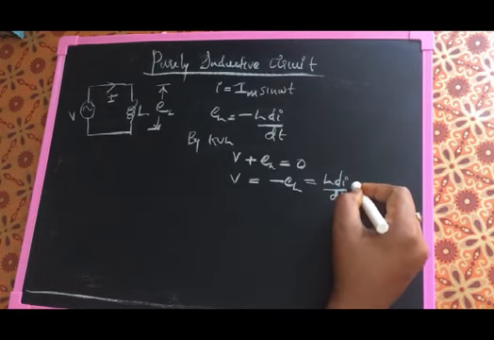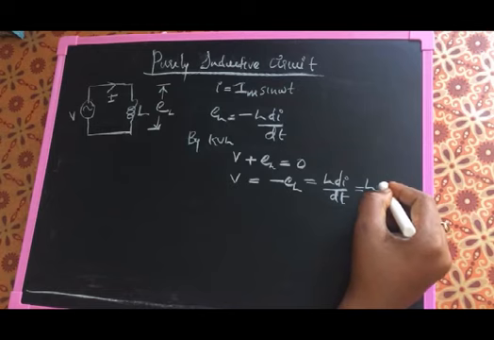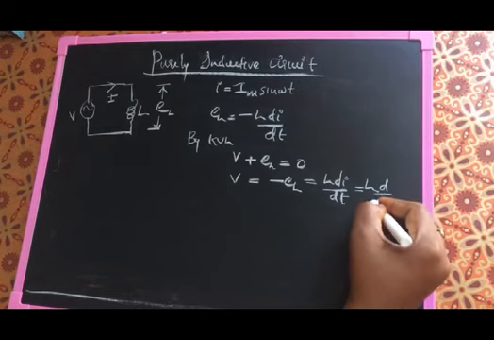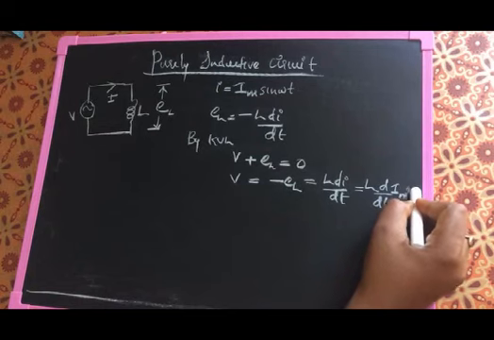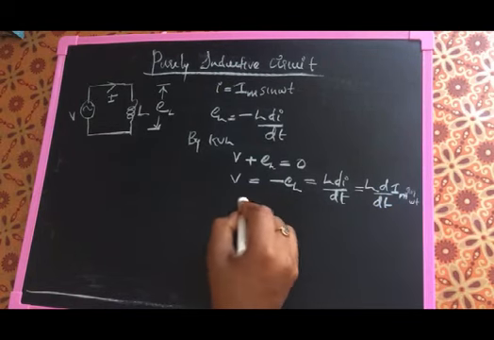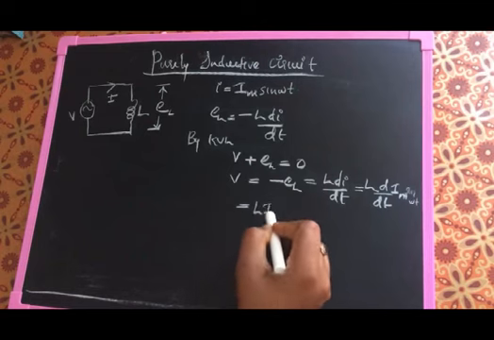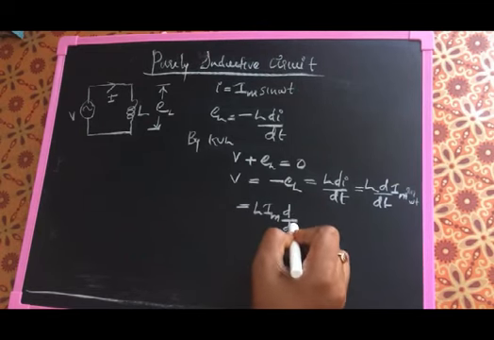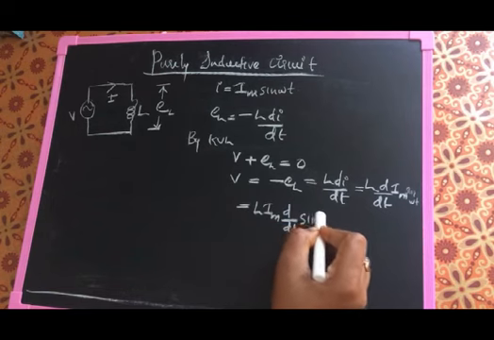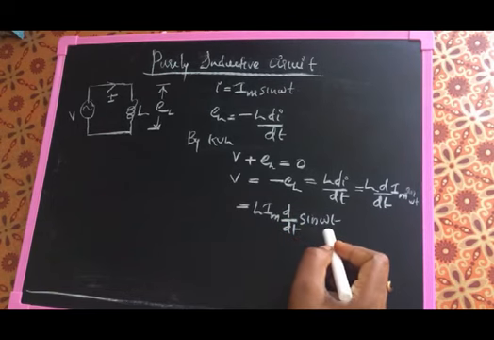What is this I? The small letter i is the instantaneous value of current. That again you can rewrite as L into d by dt of Im sin omega t, that is equal to L into Im d by dt of sin omega t.